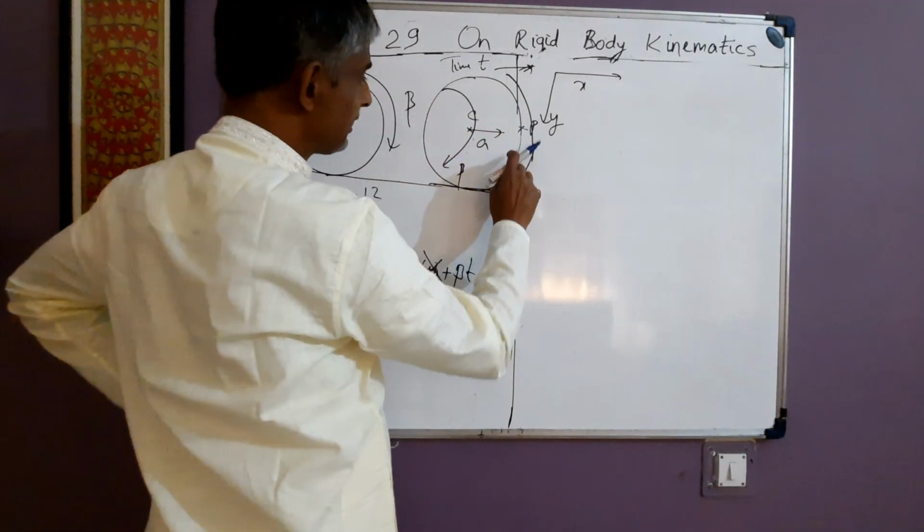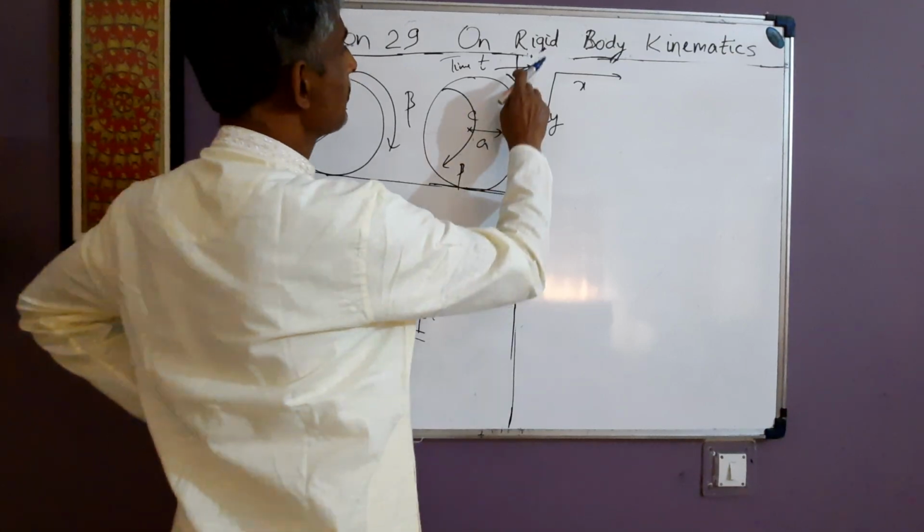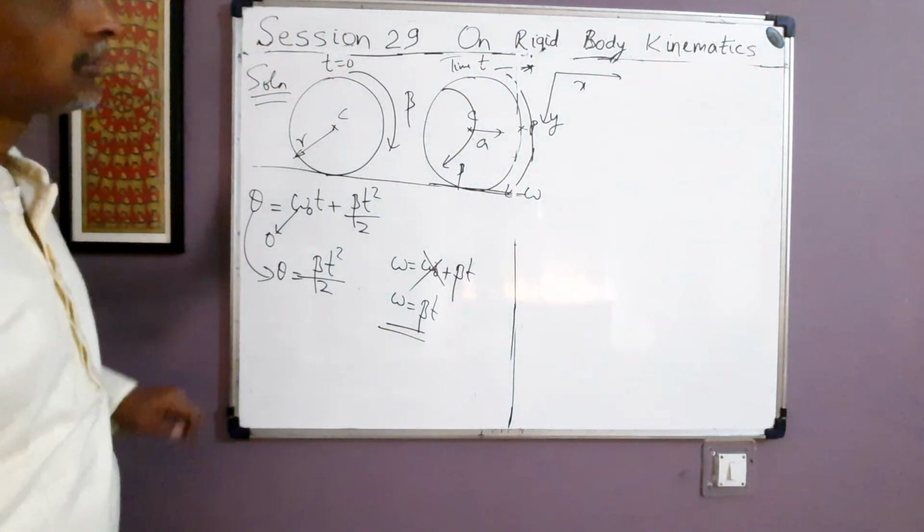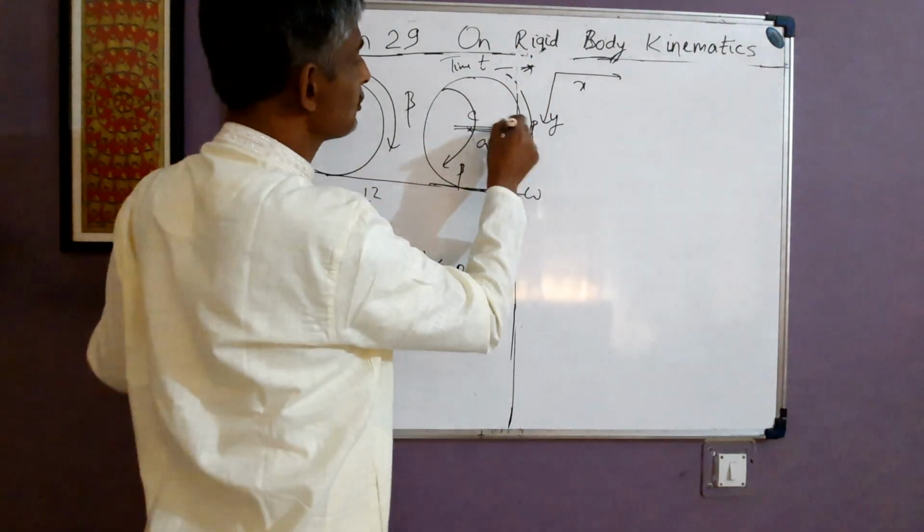I'll rub this vertical line, it is just causing confusion. Fine. So C and P are at the same horizontal level.